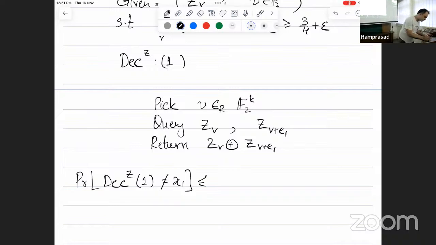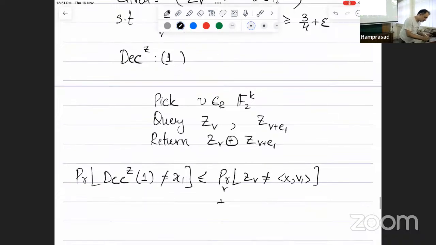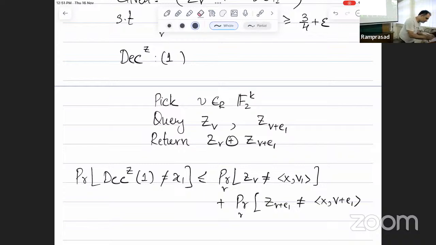So this is at most the probability over the choice of v that z_v is not equal to the inner product of x and v, plus the probability over the choice of v that z_{v+e1} is not equal to the inner product of x and v plus e1.